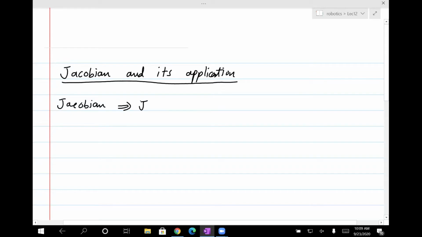Okay, and here's what the Jacobian really means. So let's say that I have a function, and really this is not one function but many functions. So if you have many functions, you can put them as vectors, right? So f equals f1, and that's a function of q, and I'll define what q is in a bit, f2(q), so on till fm(q).